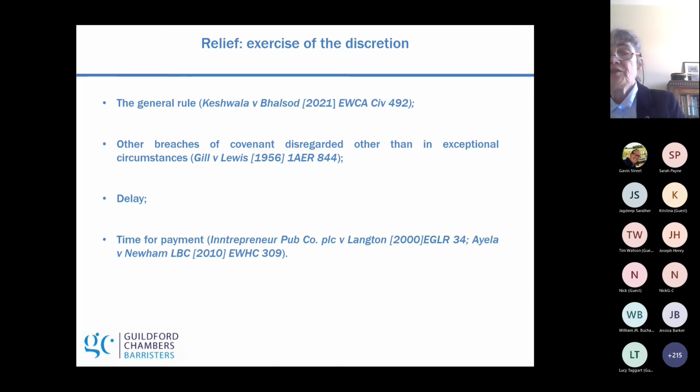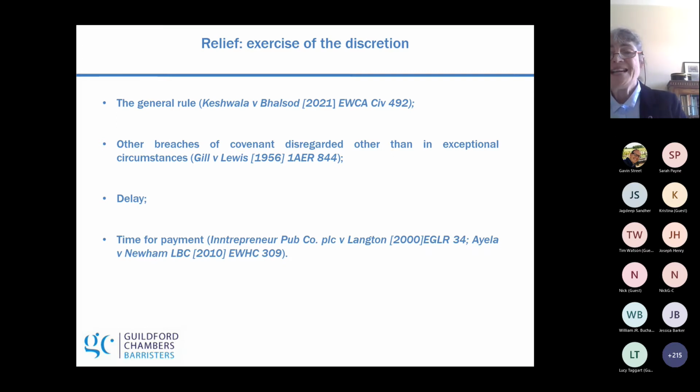And further, Lord Justice Nugee endorsed earlier authority that in exercising the discretion, generally breaches of other covenants will be irrelevant unless they relate to the tenant's conduct.